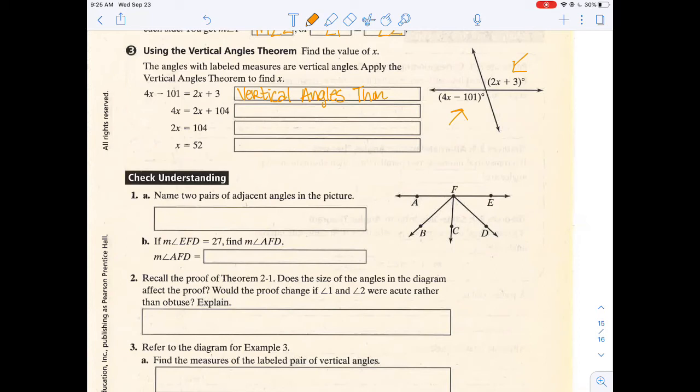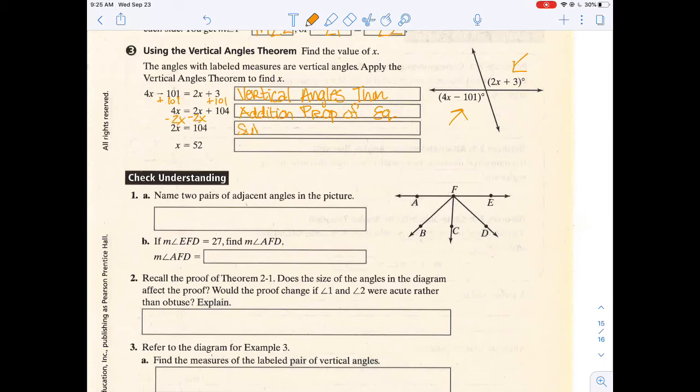Okay, then all I did here was add 101 over to this side. So that would be the addition property of equality. Alright, so then they subtracted this 2x over to here.